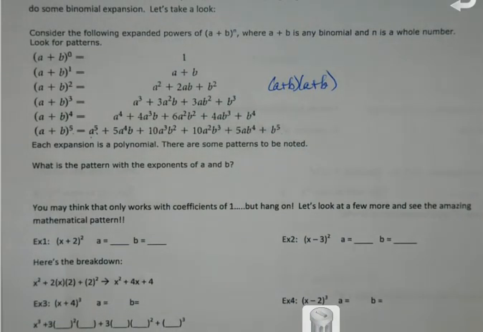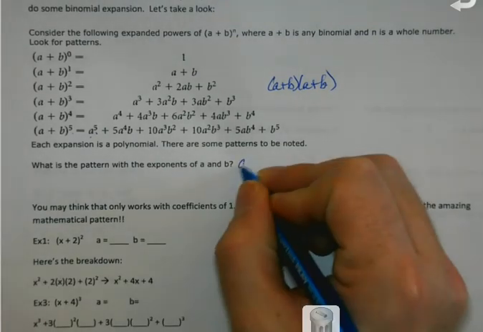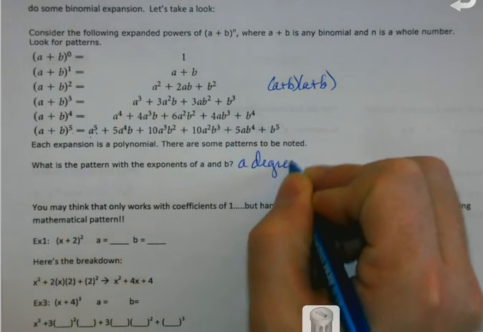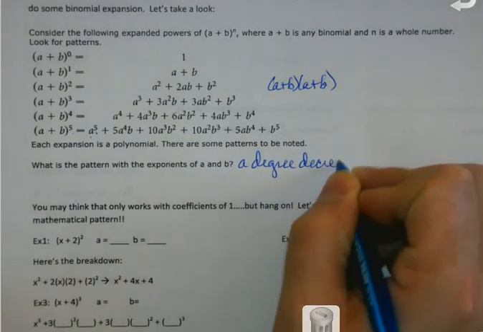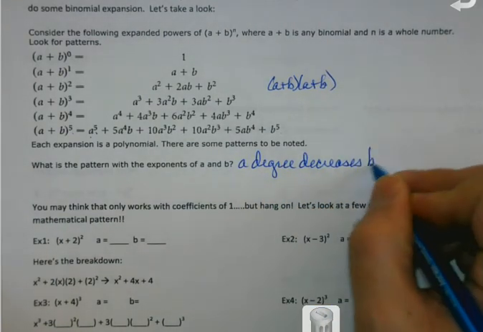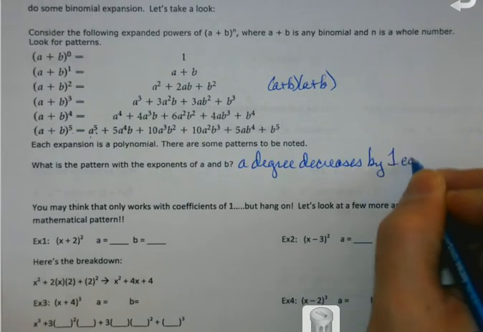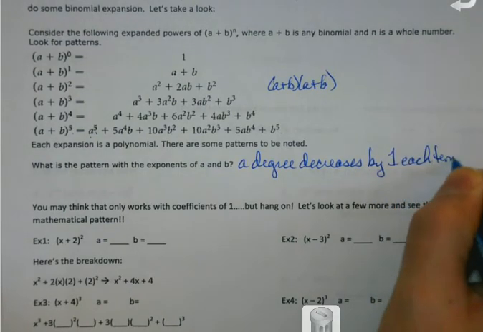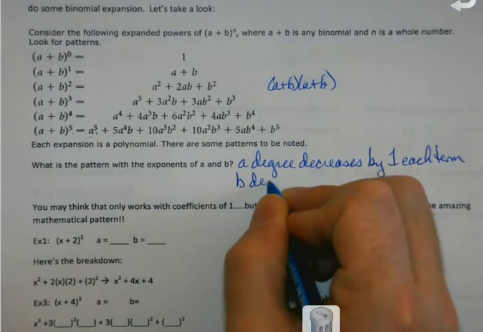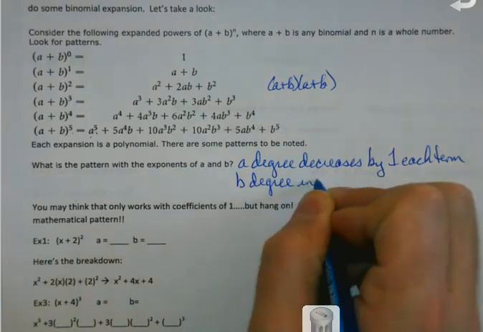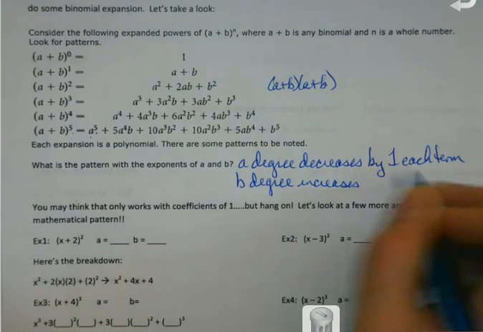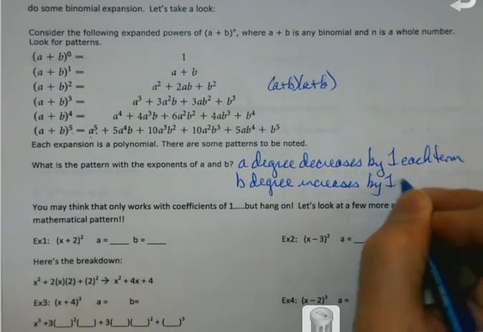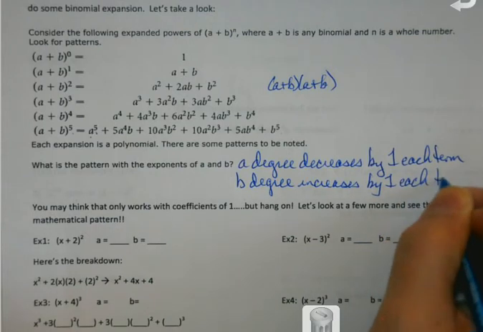Combine that with the numbers we get from Pascal's triangle, and you have a way to really quickly work these out. So, my a degree decreases by 1 for each term, and my b degree increases by 1 for each term.